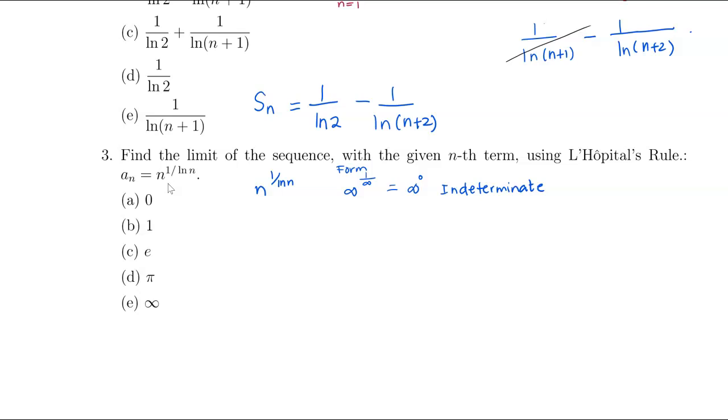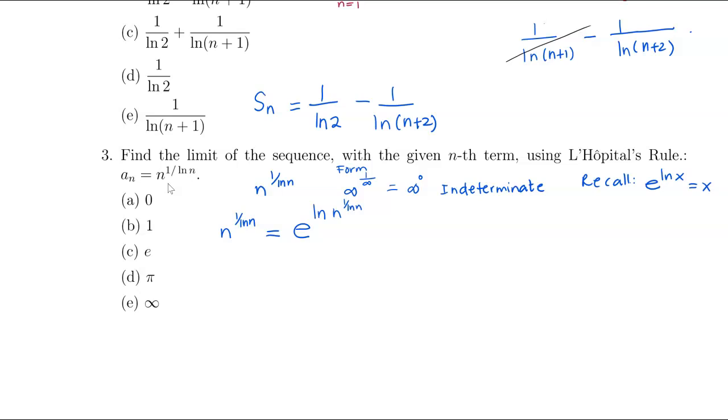Now, using L'Hopital's rule, we actually use the property of ln, which is, if you remember, e to the ln x is equal to x. So this expression, n to the 1 over ln n, you just have to write as e to the ln of n to the 1 over ln n.